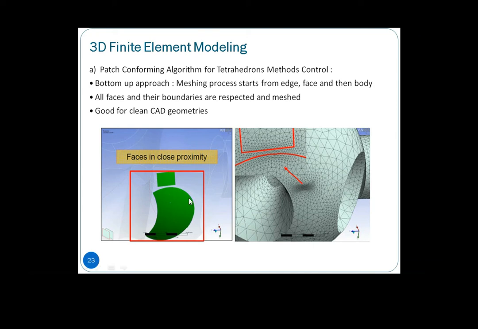If you have two close faces in your entire 3D body, it will start meshing at this particular area or region first, then slowly go out to the entire body. Since it is very close, this part will use more refined elements, because this region itself is two different faces.